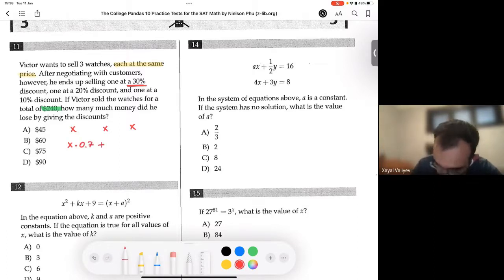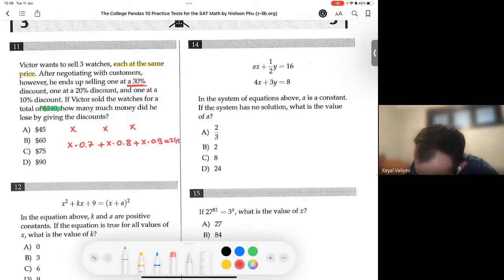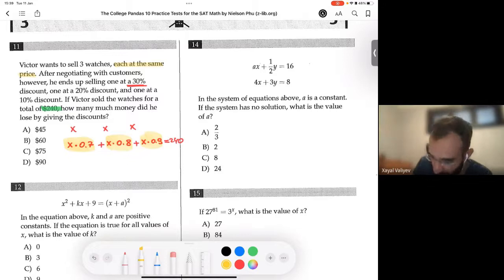Plus the other one, 20% discount: x multiplied by 0.8. The other one is 10% discount, so x multiplied by 0.9. Altogether it equals 240, because those are the prices for each watch, and at the end the customer is going to pay $240.